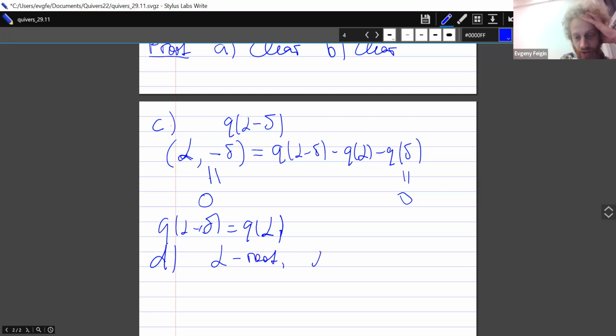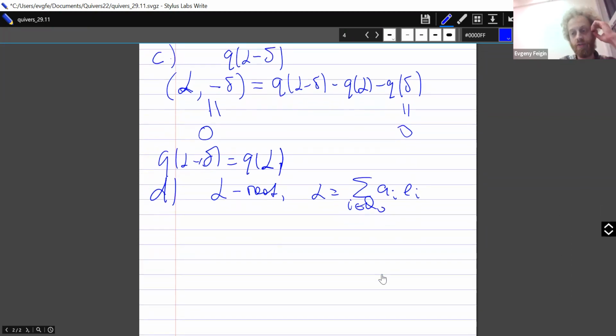And let us write down alpha as a linear combination of a_i e_i, i from Q0. This is a vector and therefore it can be written in coordinates, and these a_i are coordinates of our vector. Of course, there might be some positive and negative numbers here. Our goal is to show that they are either all positive or all negative.